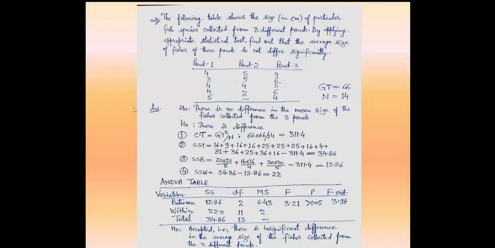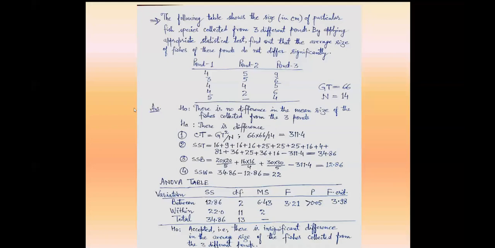Okay. So 3 ponds are there, and from these 3 ponds, suppose a particular species of fish which is quite small in size is being collected, and 5 fishes were collected from pond 1, 4 from pond 2, and again 5 from pond 3. Number could be the same.